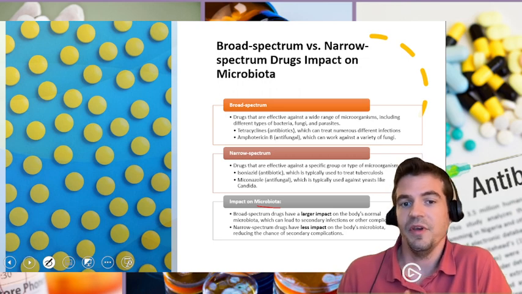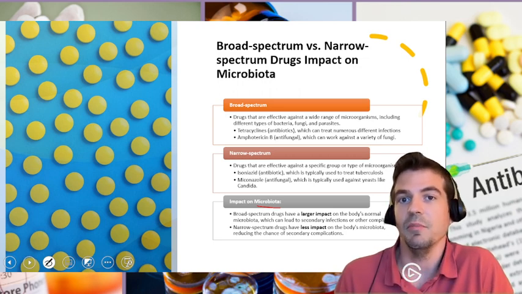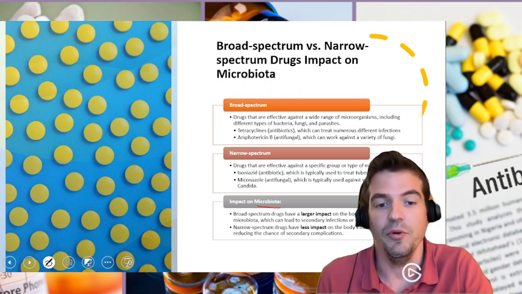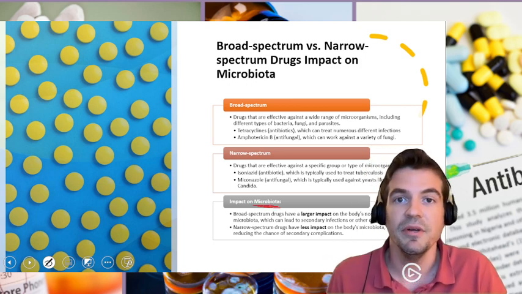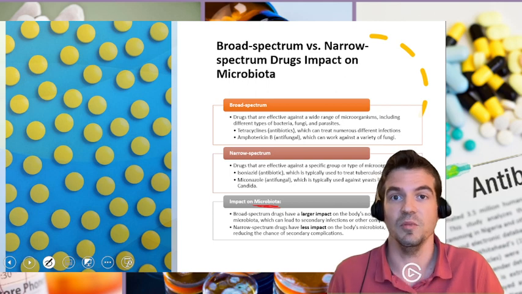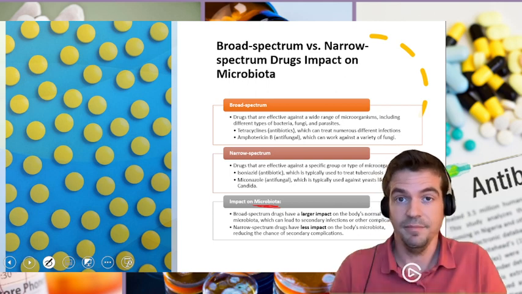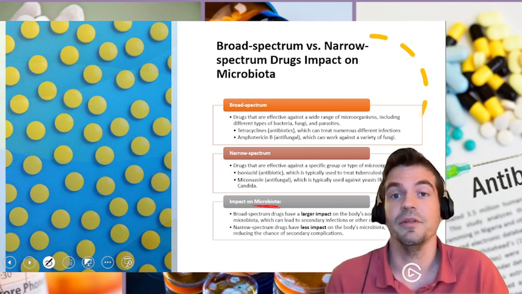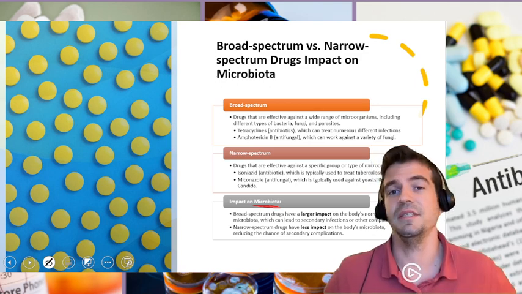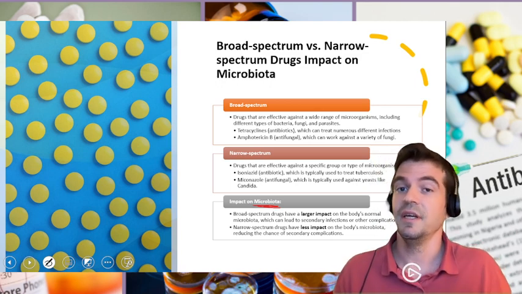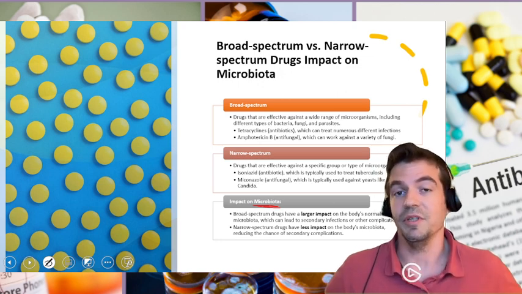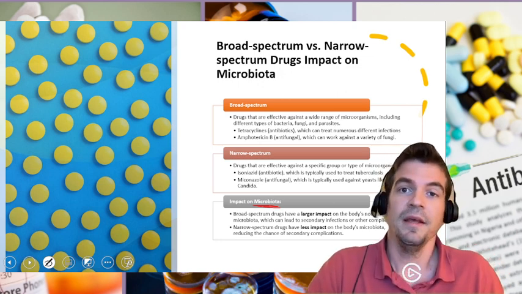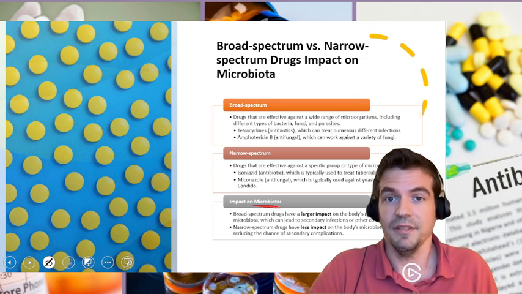So very, very important to learn the term biota, okay? And we have normal gut biota, we have normal skin biota, we have normal eye biota, normal upper respiratory biota, and we'll learn about all of them. And we can also see the parts where we don't have as much biome, okay? Namely in our kidneys and in our lower respiratory tract, okay? And in our brains, okay?